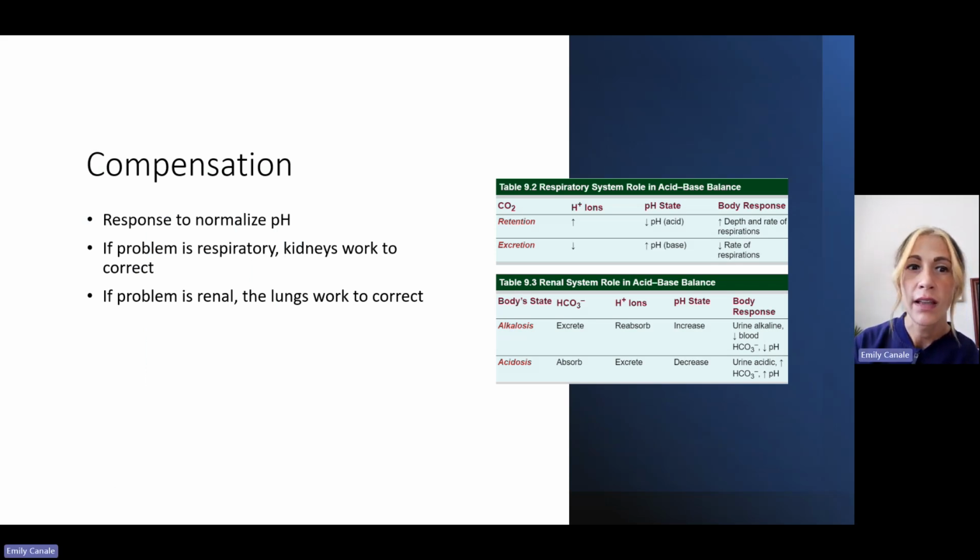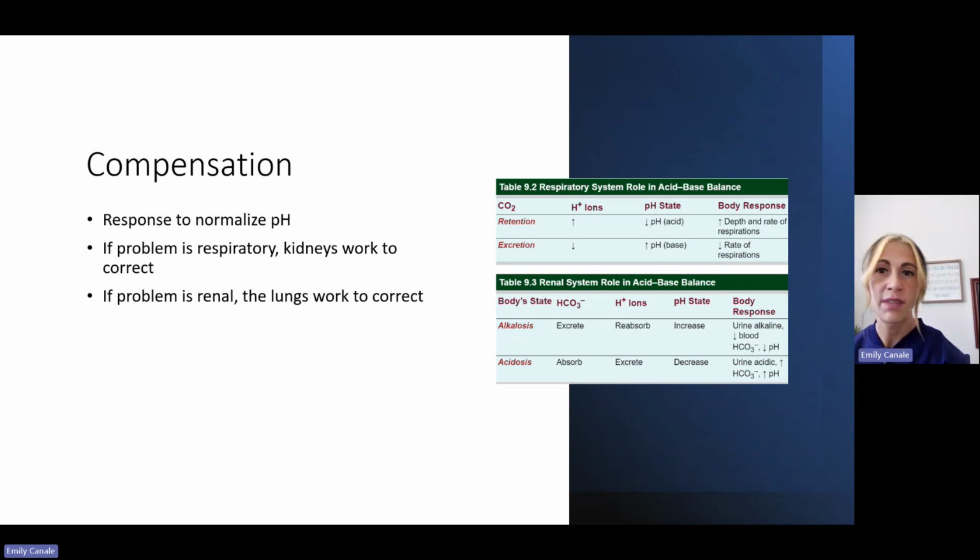Now, what about compensation? What are we talking about when we do mention compensation in general? Well, we are talking about a normal pH. So when you're evaluating any sort of ABG result, if the pH is normal, it is compensated.